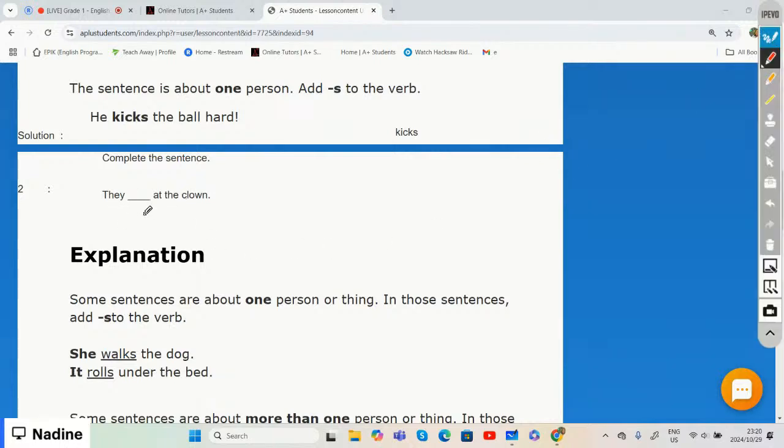They refers to more than one person. Do we say they laugh at the clown, or do we say they laughs at the clown? They is more than one person.